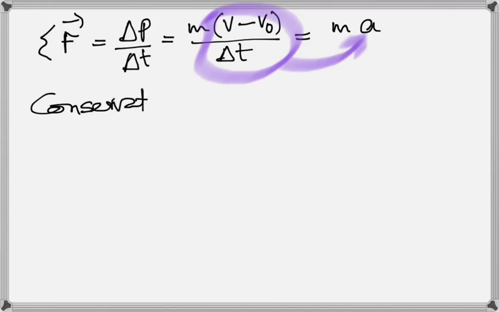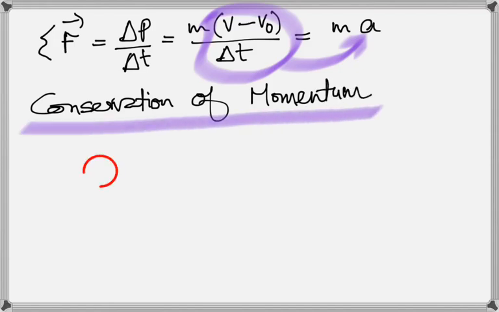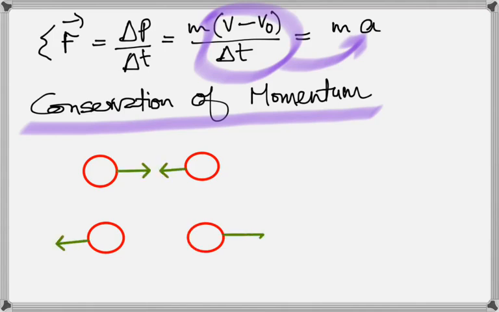The next very important thing is called conservation of momentum. We're considering two objects here. Are they moving towards each other or away from each other, according to the diagram on top? Okay. They're different objects.